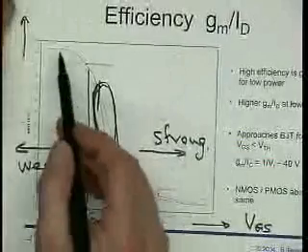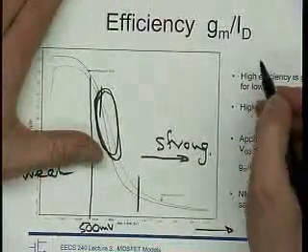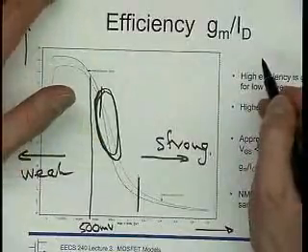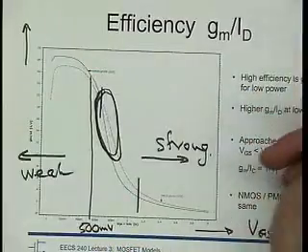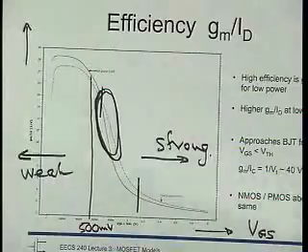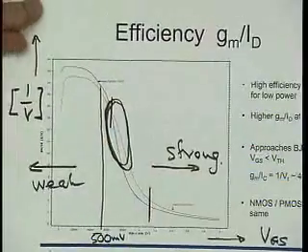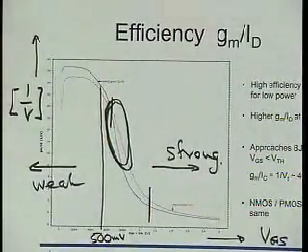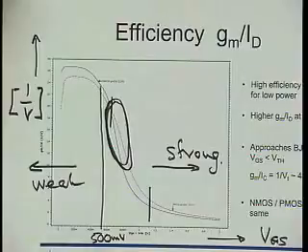Okay, notice also that for a BJT, gm is equal to IC over VT, and therefore gm over IC is equal to 1 over VT, or that is 40 times 1 over volts. The units of these things are a little bit strange, 1 over volts. The efficiency is a good idea, but the unit is not very good. But that just so happens, right? Figures of merit have whatever unit they like.